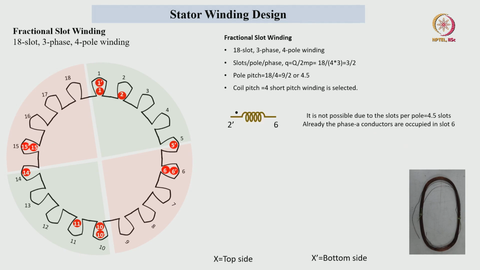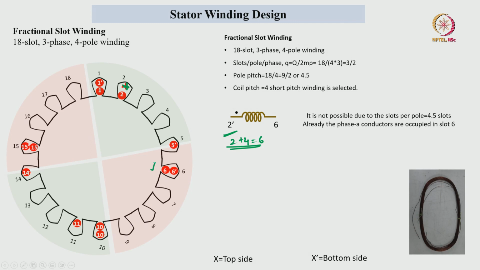Next, in order to place the coils related to the next phase, let us consider here we are placing the coils at the second slot bottom side, at this particular place. So, 2 plus 4 is equal to 6.